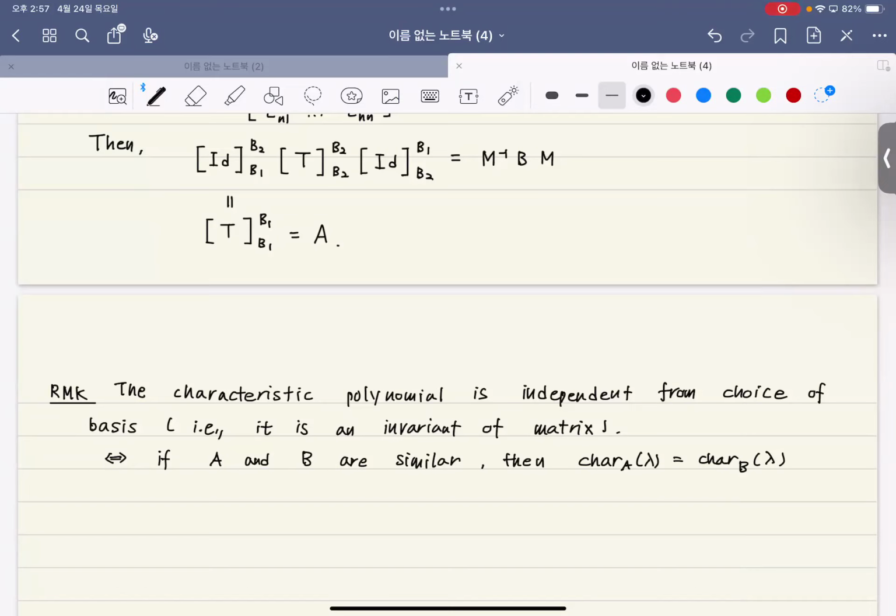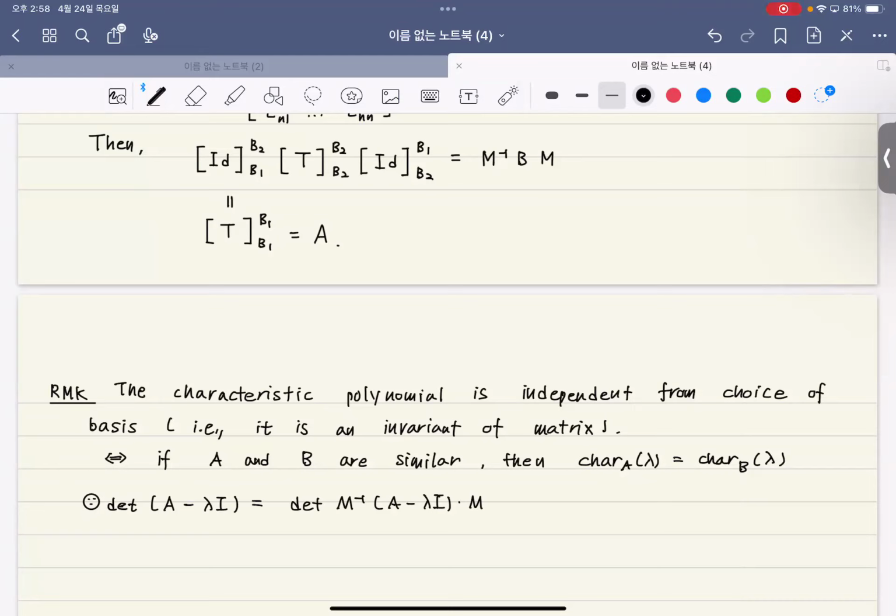Why? The proof is easy. The determinant of A minus lambda I is the same as the determinant of M inverse times A times M minus lambda I, right? Because determinants always preserve matrix multiplication.